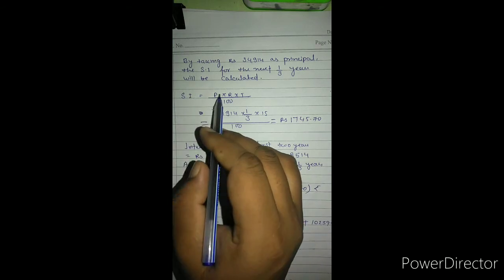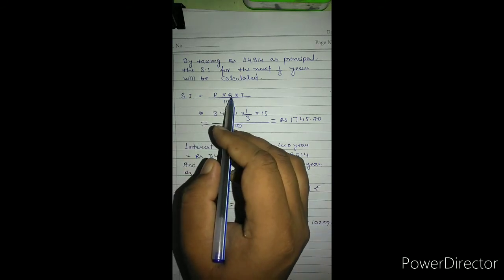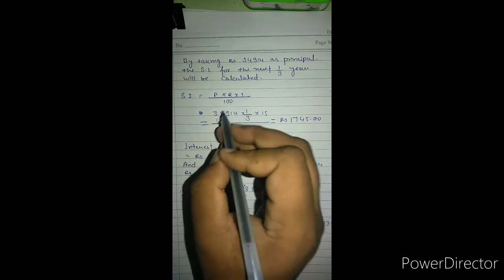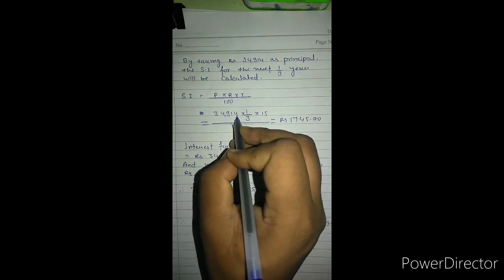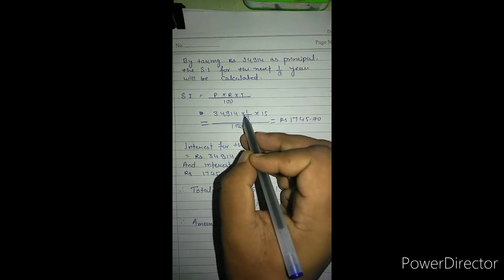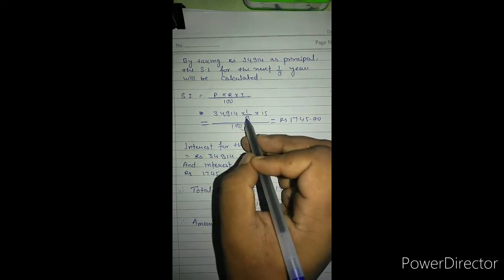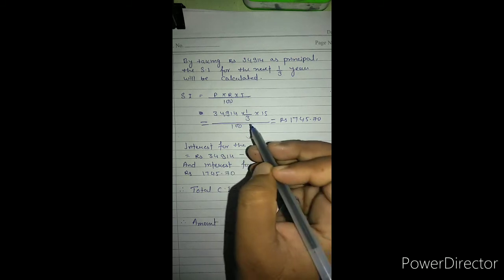So SI is equal to, we know that the formula is P into R into T by 100. So our principal amount is 34,914 rupees, into rate, which is 15%, and time is 1 by 3 years.